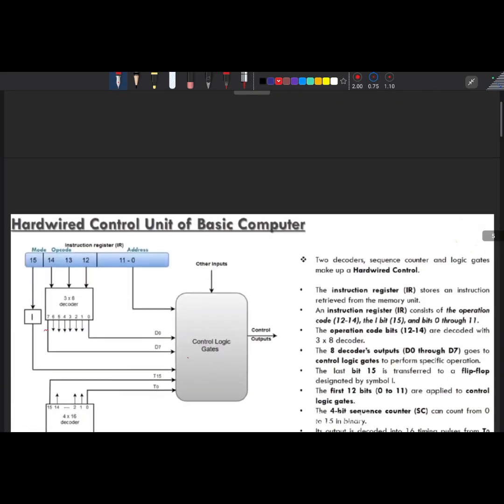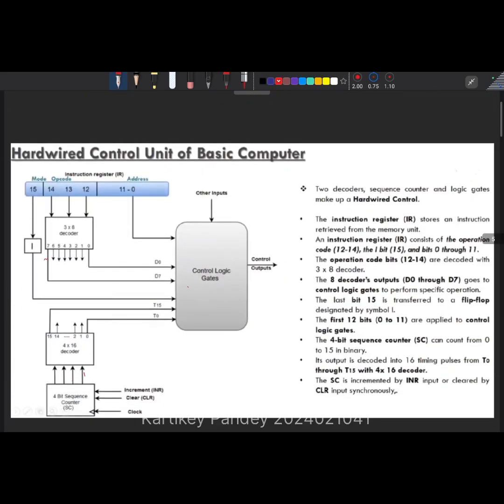Now we can further understand the hardwired control unit by taking an example of a hardwired control unit in a basic computer. Here we can see that two decoders, a sequence counter, and logic gates are making up a hardwired control.